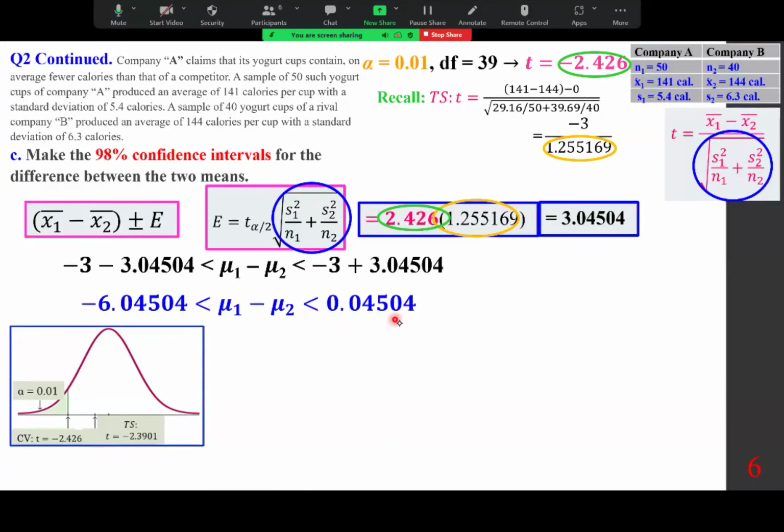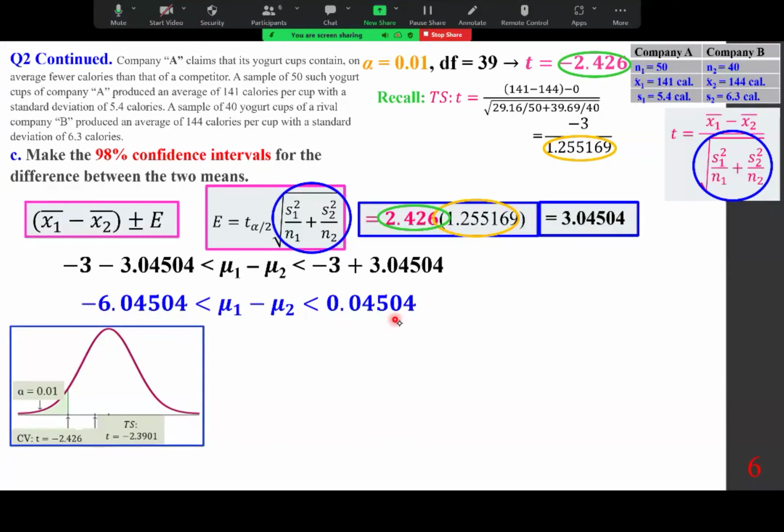Clearly, one is negative, one is positive, so it contains 0. Because the confidence interval limits contain 0, there is not a significant difference between the two means. Fail to reject the null hypothesis. If 0 is in between, that means equality in essence. Go for the equality, go for H0. Fail to reject the null hypothesis.